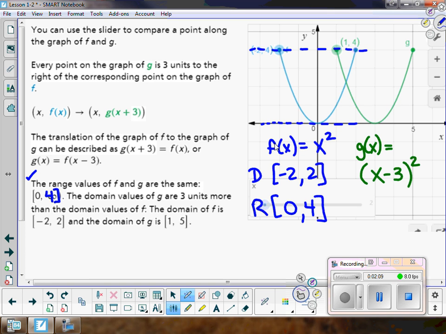Now, by sliding this graph to the right 3 units, we're not going to affect its range. Just taking all of these points right 3, it won't make the parabola reach higher or dip lower for y. So it stays 0, 4. The domain, the new domain, however, is going to change.